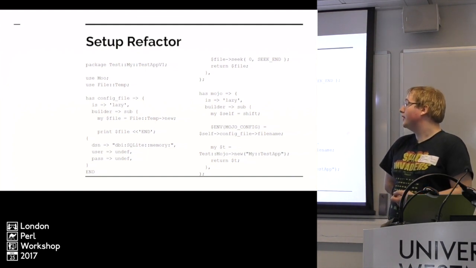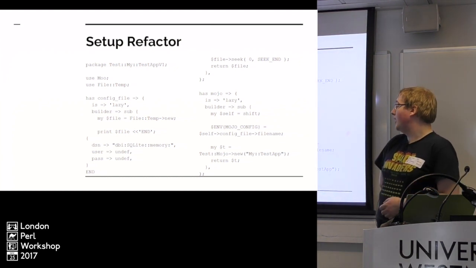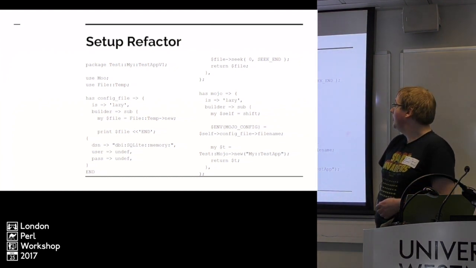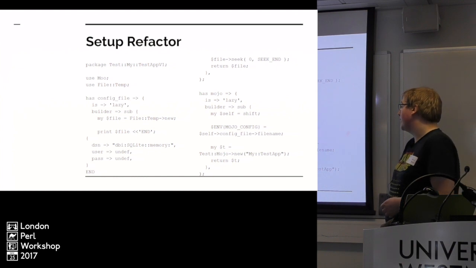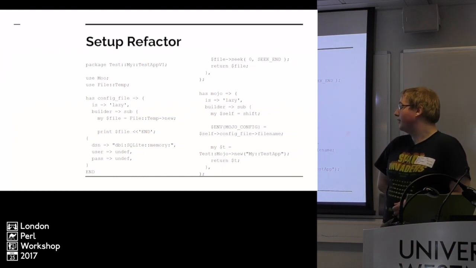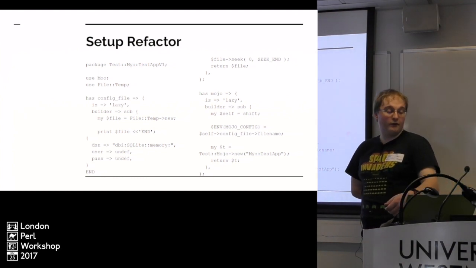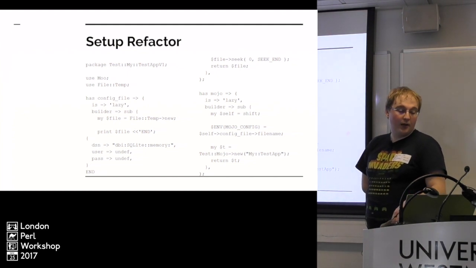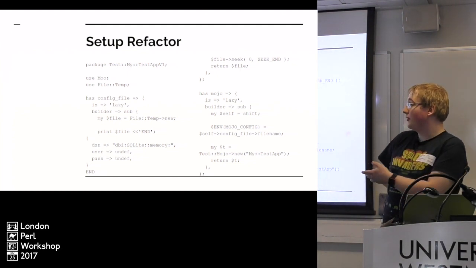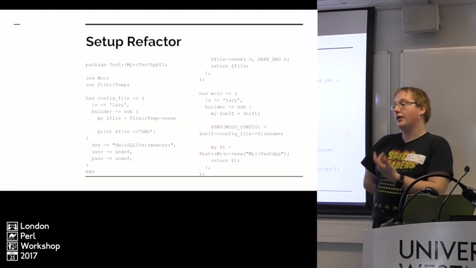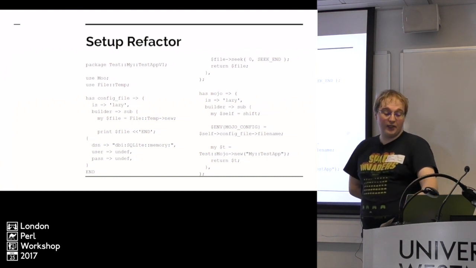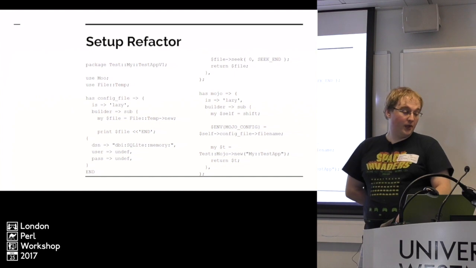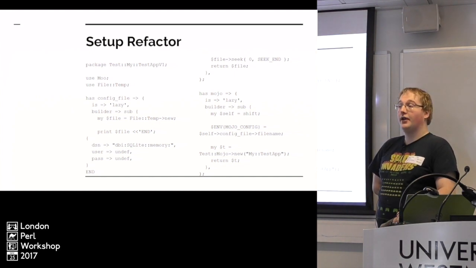So the config file itself is the file temp and printing out the part we need. And Mojo returns us the setup we need with the test Mojo on there in our class. And okay, it's taken more code here, but this has taken all of that code out of your tests. So it's taken 15 lines out of the test and replaced them with 2, which, if you've got a lot of tests, adds up quite quickly.